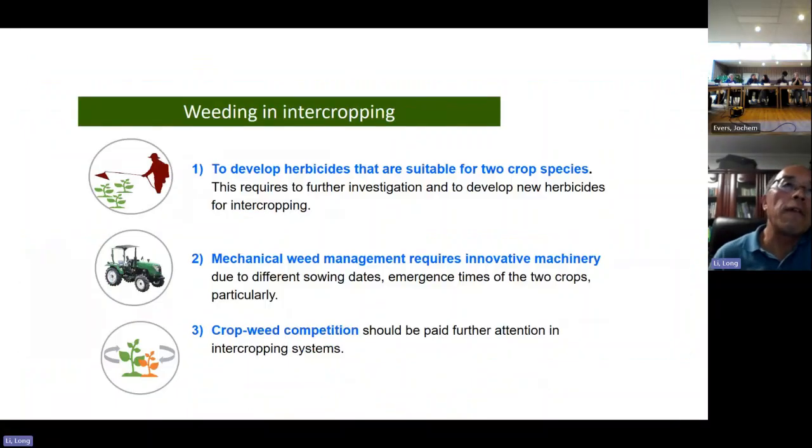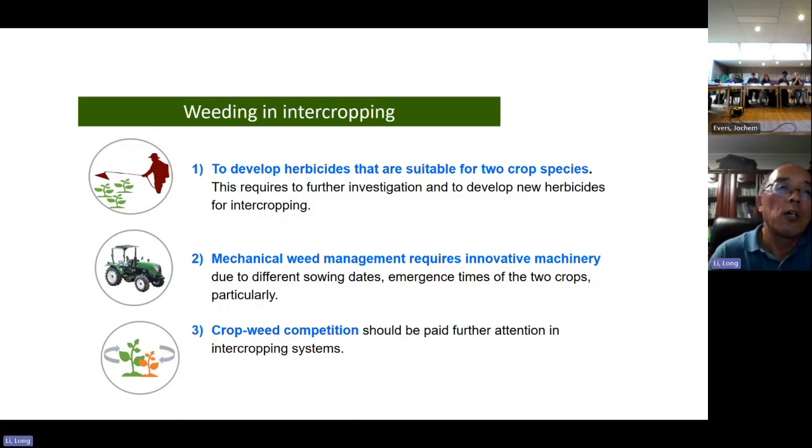So I think there is another challenge in the field: weeding in intercropping. We must develop herbicides that are suitable for two crops, and mechanical weed management requires innovative machinery. Recently I saw some colleagues in Europe and in China use a robot for weeding.